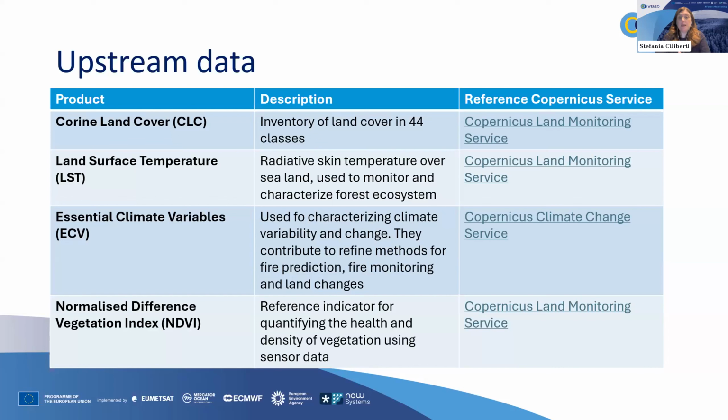All these variables are part of the huge catalog, as you have seen, available in WEkEO, particularly for supporting this kind of analysis and studies about forest monitoring and understanding of the forest ecosystem capacities over time.